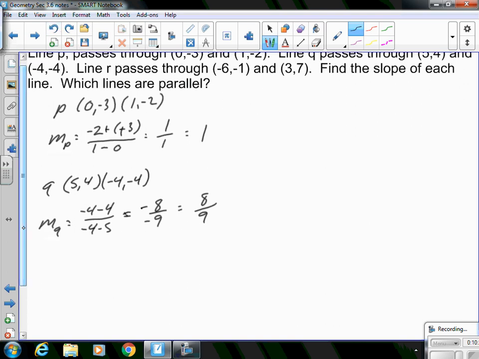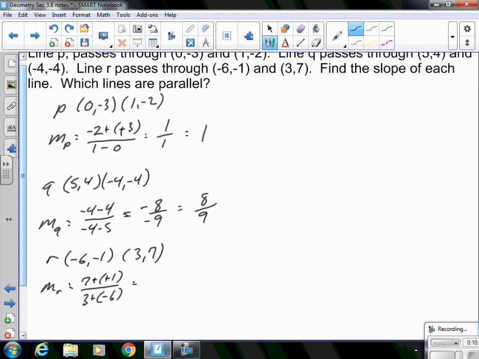And then lastly, R, which goes through (-6, -1) and (3, 7). And so the slope of R is going to be 7 minus negative 1 over 3 minus negative 6.